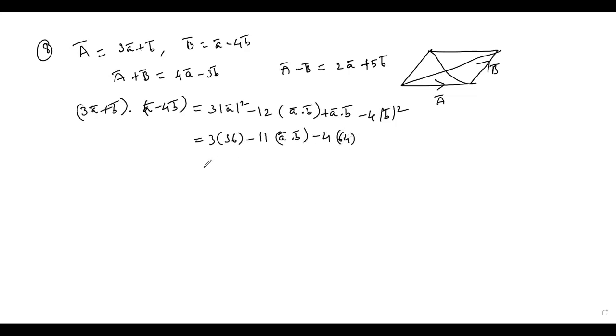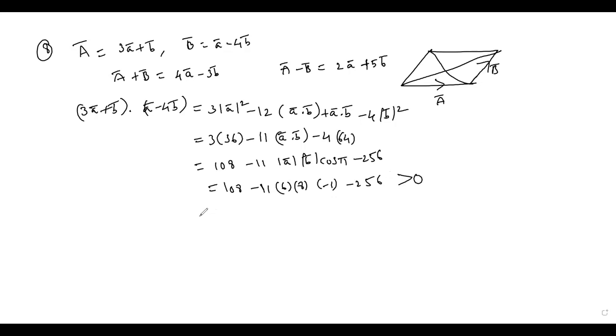The value is clearly positive. We can write mod A bar, mod B bar, cos theta, here theta is pi, 6 into 8 into minus 1, minus 48, so 108 minus 11 into minus 48 is positive. So clearly the angle between A bar and B bar must be acute.